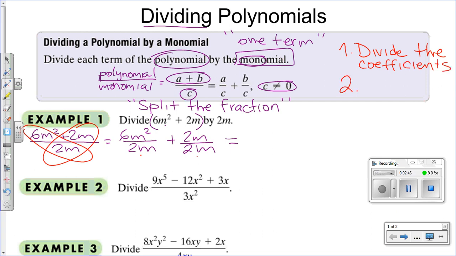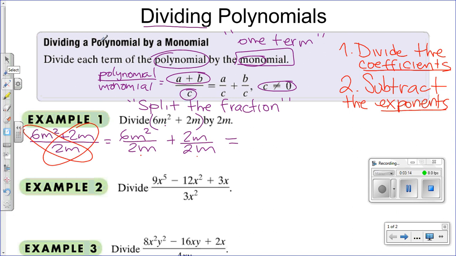Number 2, what should we do with the exponents? When you divide letters or variables, what do you do with the exponents? Very good. You subtract the exponents. In case you don't remember, the coefficients are the big numbers, exponents are those little numbers.